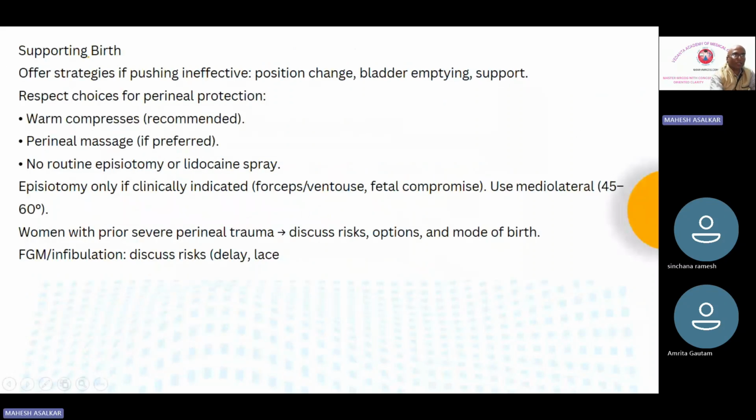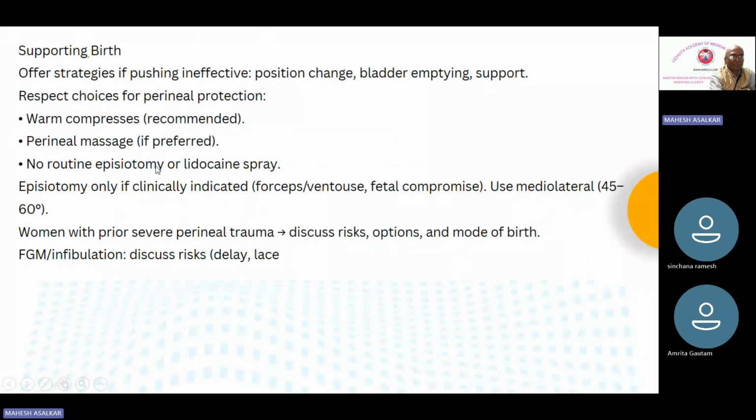Then supporting the birth. Offer strategies if pushing is ineffective: position change, bladder emptying, support, etc. Respect choices for perineal protection; warm compresses are recommended. Again, this is the SBA. Okay, to reduce perineal tears, what is recommended is warm compresses. Perineal massage if preferred.